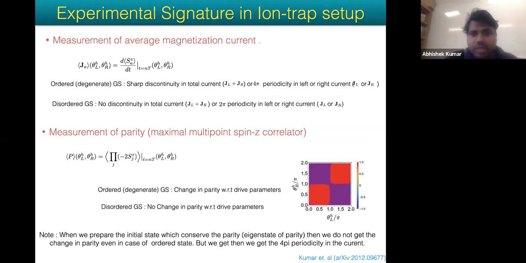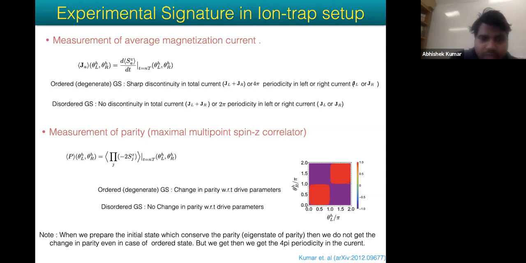Also, if one can measure the multi-point spin Z correlator, and if you consider a ground state which does not preserve the parity, then in the disordered phase there is no change in parity.